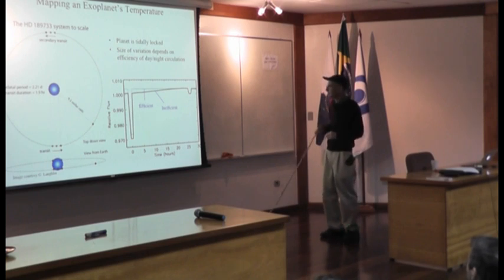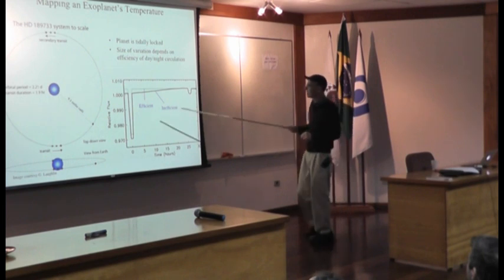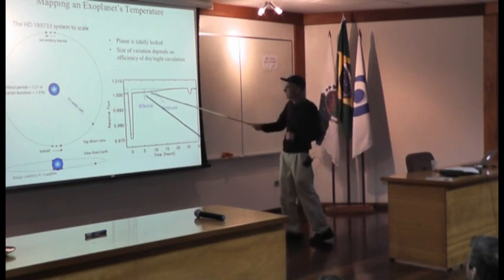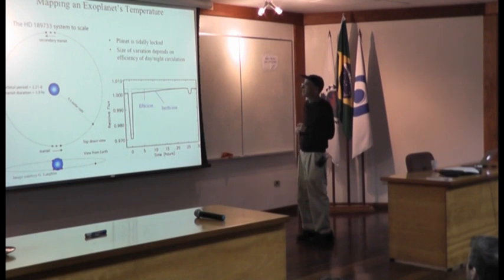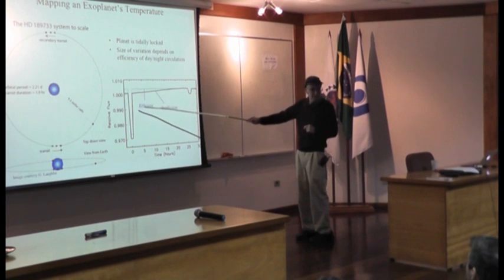And this is the amount of flux that is seen as a function of time. This is viewed from Hubble Space Telescope. This is the transit.